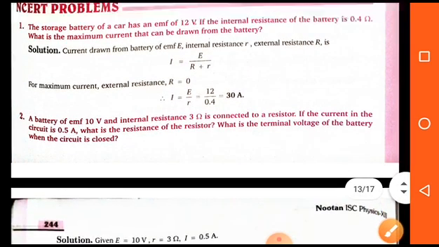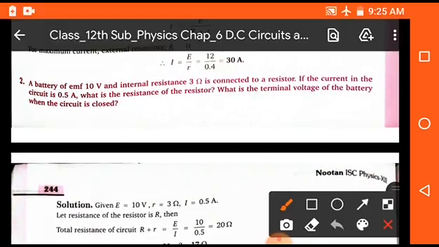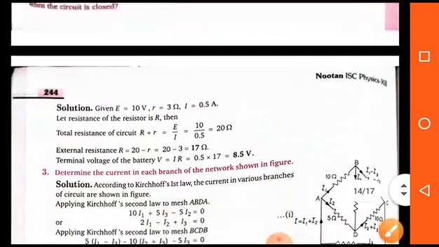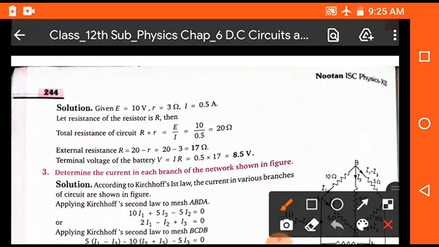Now you can also find numerical number 2. A battery of EMF 10 volt and internal resistance 3 ohm is connected to a resistor. If the current in the circuit is 0.5 ampere, what is the resistance of the resistor, and what is the terminal potential of the battery when the circuit is closed? Simply, we can find the value by putting in the data.